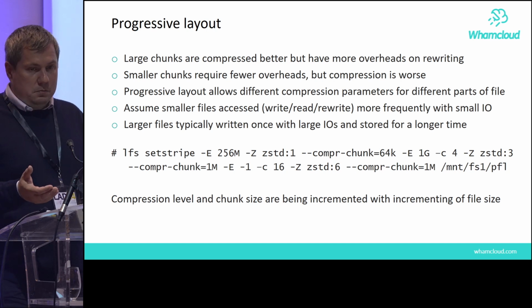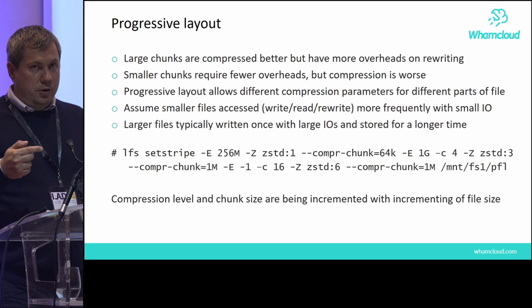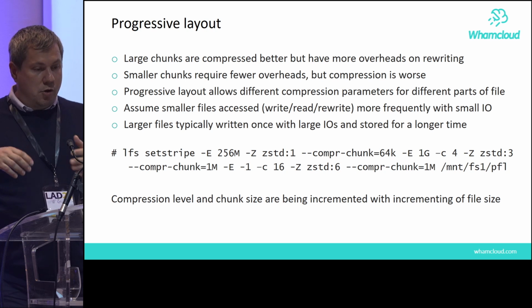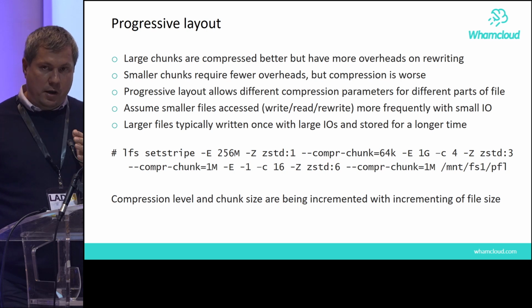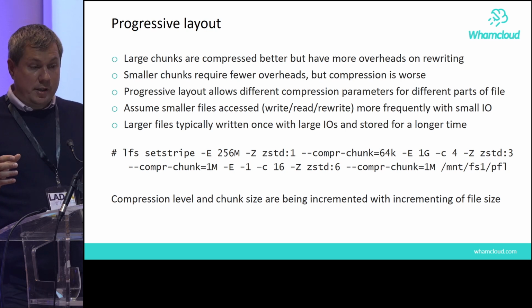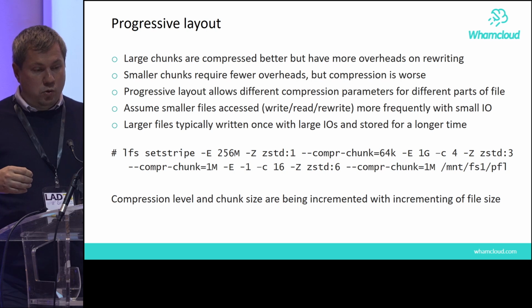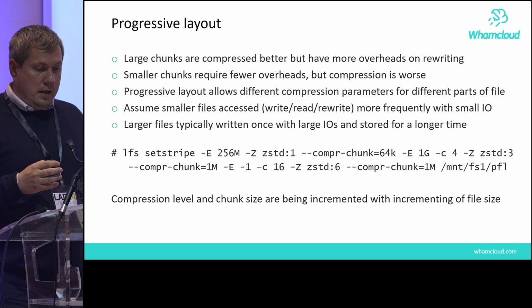Assume the file is small and a lot of clients are trying to access it, and then the file becomes larger, is stored, and is accessed not so frequently. So we can divide this file into ranges, use a progressive layout, and set different compression options for these ranges of data.